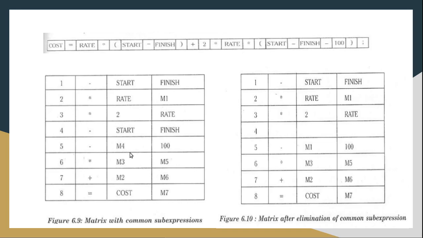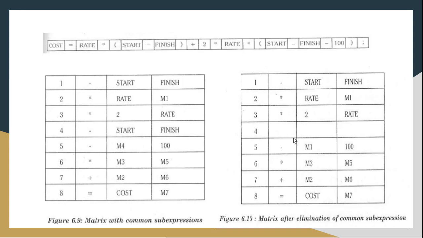Third step is eliminate the duplicate entry. So here I am maintaining M1 but I am deleting the M4 entry. M4 is also the same, start minus finish, so I am keeping only M1 and deleting the M4 entry. So we have placed the matrix, we have recognized the sub-expressions, we have deleted the duplicate sub-expression.